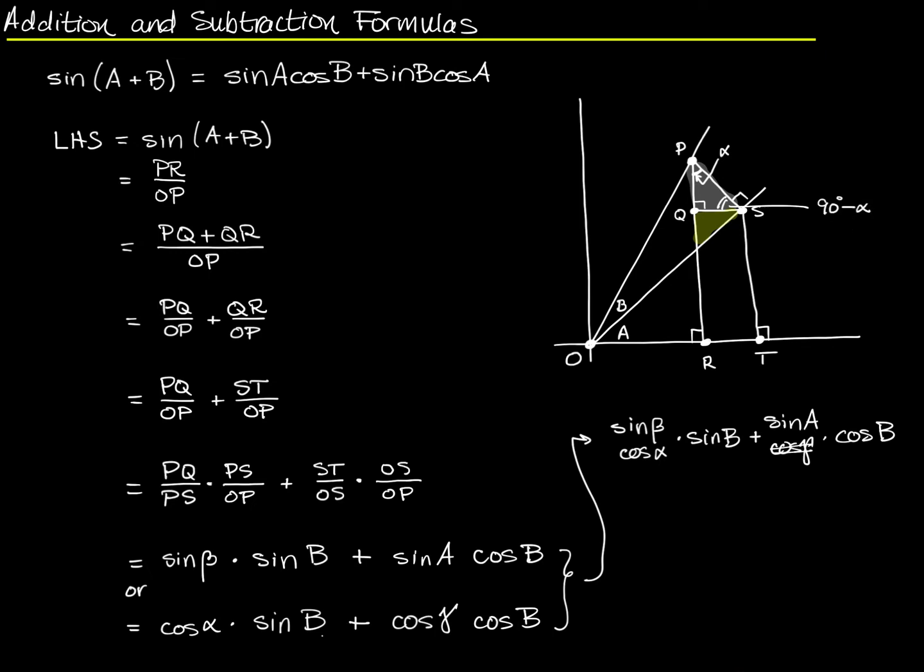In other words, this one is 90 minus, that's this whole right angle right here, 90 minus this one right here. Well, that one right there is 90 minus alpha. So what's left, this angle right here, is 90 minus 90 minus alpha. That means that this angle is also alpha.